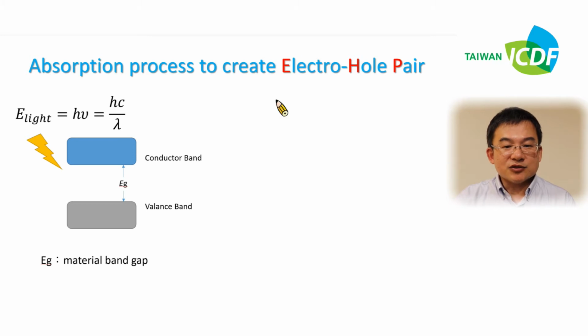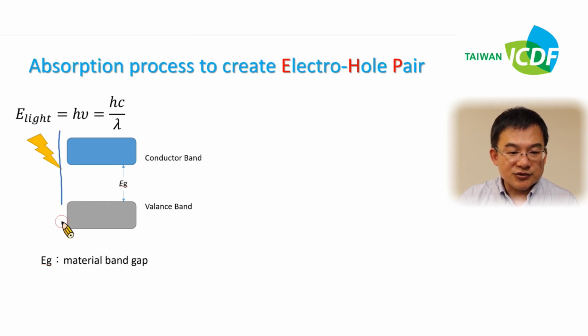And the absorption process will create the electron hole pair. What is an electron hole pair? This figure is the band diagram of a semiconductor. The blue one is the conduction band, and the gray one is the valence band. The vertical axis means the energy.